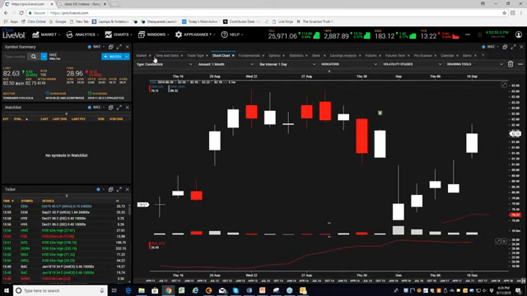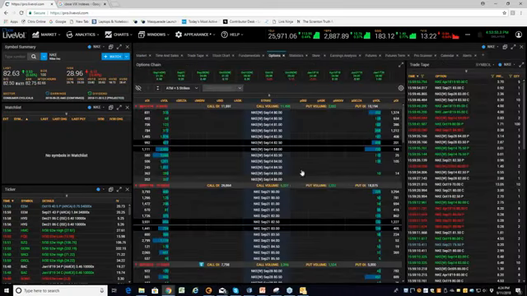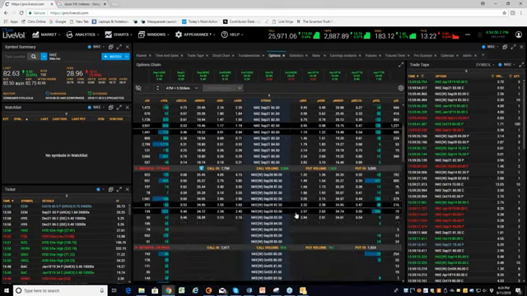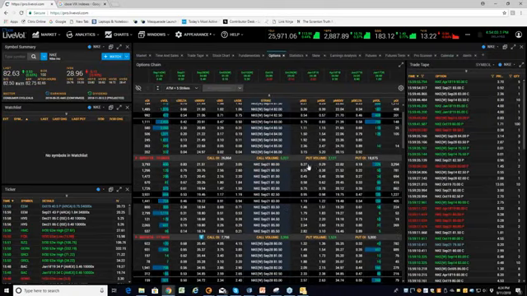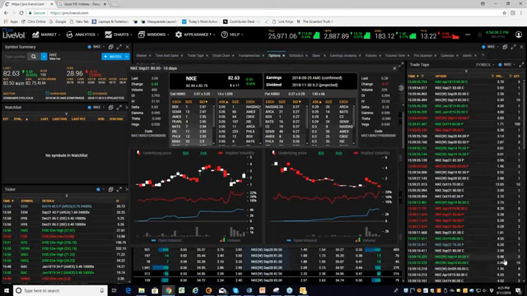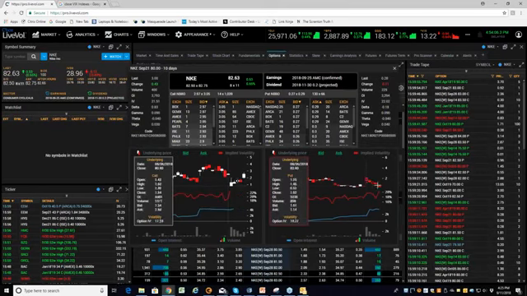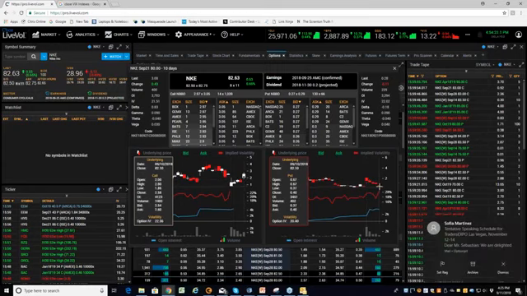All right. I believe the trade I threw out was the September 80, maybe the 79, 75 put spread or something like that. And you can see this put goes from $2 down to 30 cents.